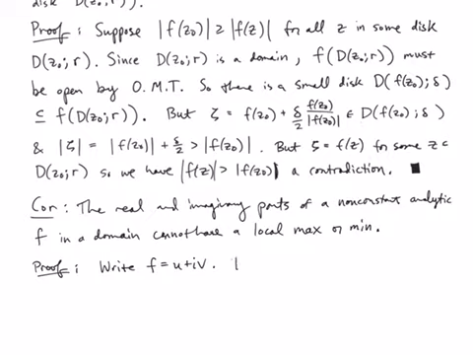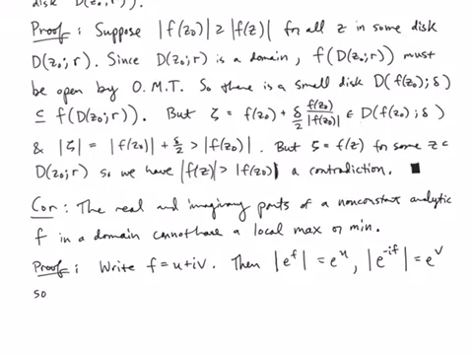Then the norm of e to the f, which is an analytic function, is e to the u, while the norm of e to the minus i f, so if we multiply f by minus i, then the real part of that is now v, is e to the v.